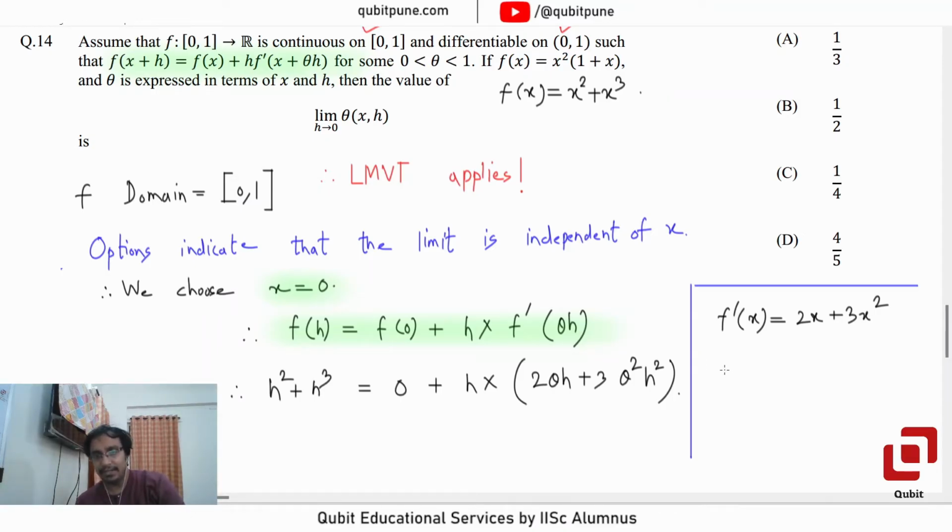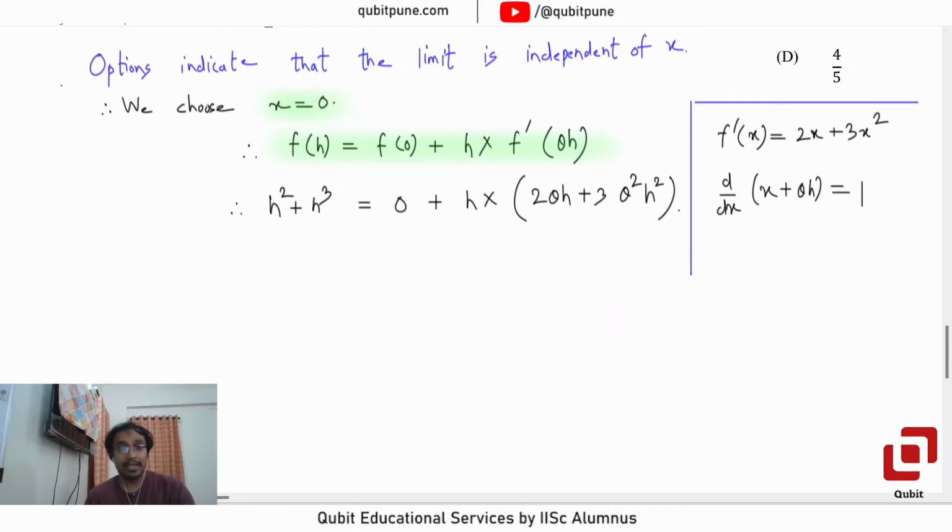Even if we had differentiated the inner function, that is x plus θh, we would get its derivative as 1, because θ and h don't depend on x. So that derivative would still be equal to 1. If at all we were interested in finding the derivative by chain rule, that would not have made any difference.